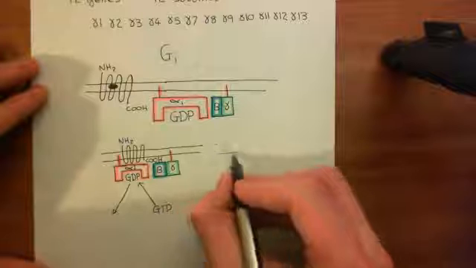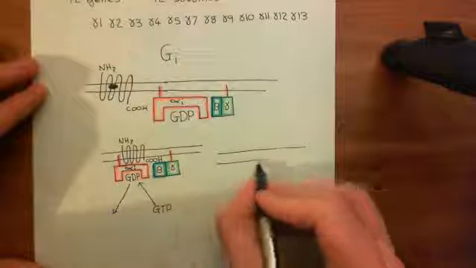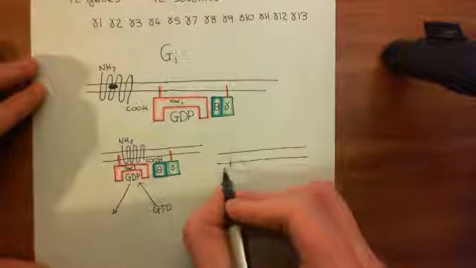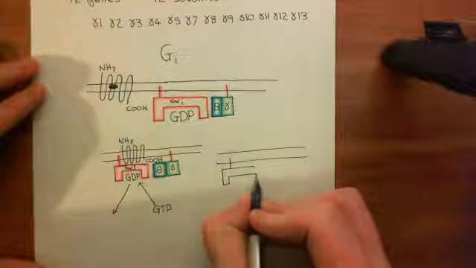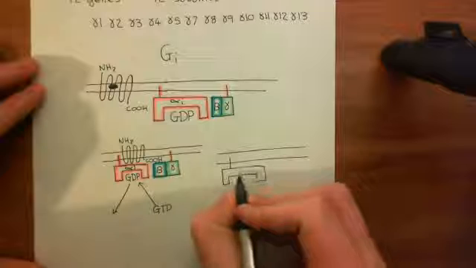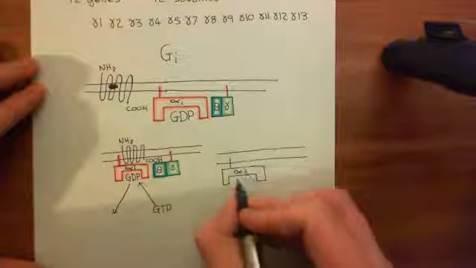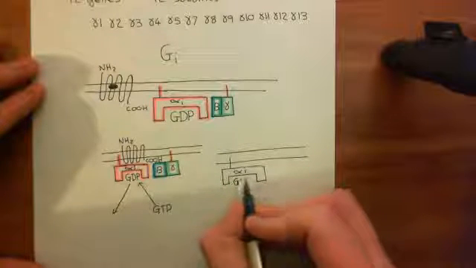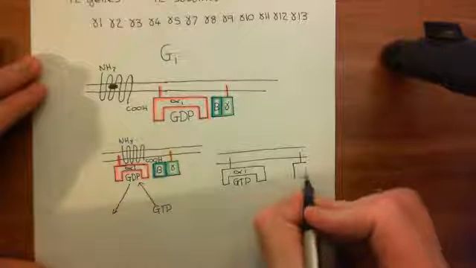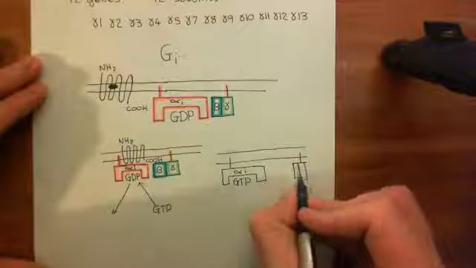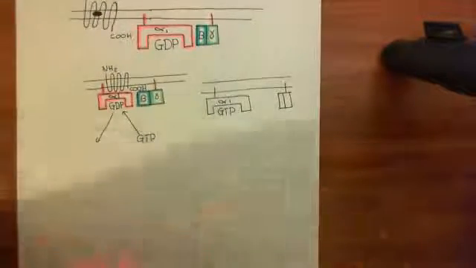So what you end up with then is these 2 separate subunits, okay, floating around on the inner leaflet of the phospholipid bilayer on their own. Okay, so here we have alpha I, which is now in the on state with GTP bound to it, and we also have the beta-gamma complex here, which is this assembly of a beta subunit with a gamma subunit. Okay, and I'll put this here.